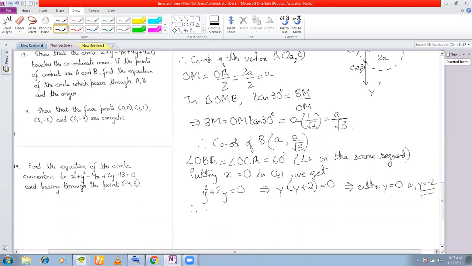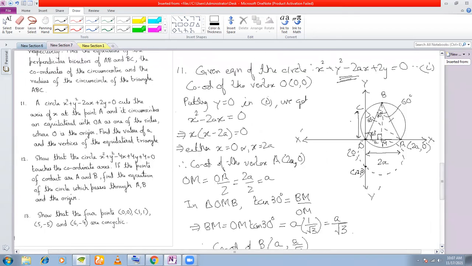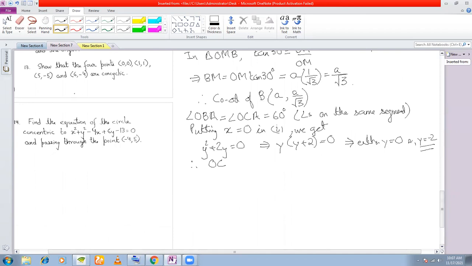So therefore, what should be the length of OC? OC is nothing but the y-intercept, right? So the length of OC is the intercept of 1 on the y-axis.